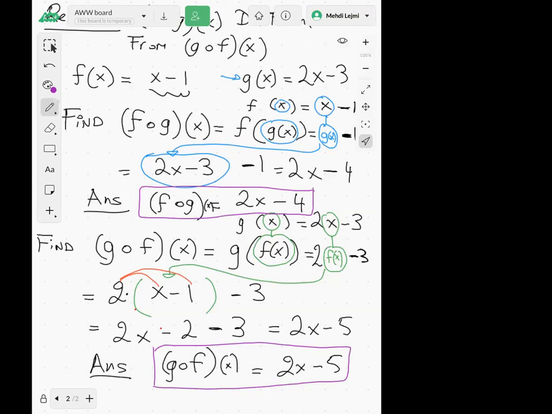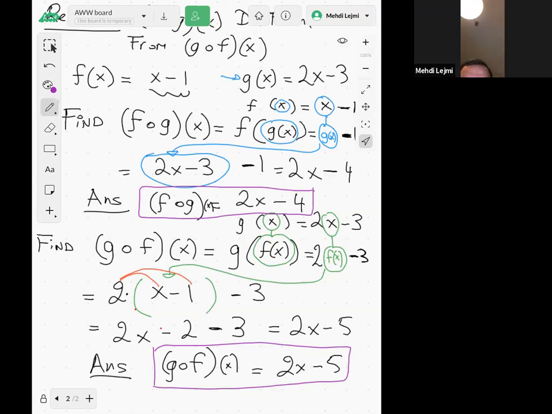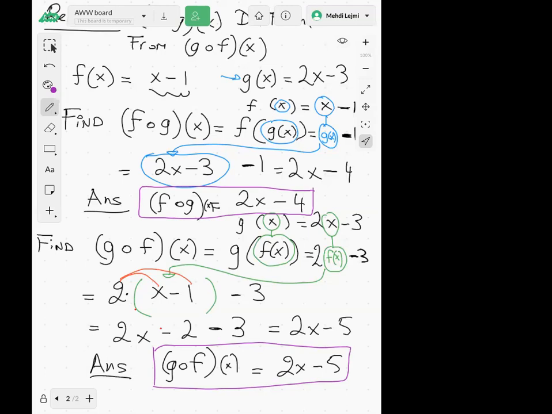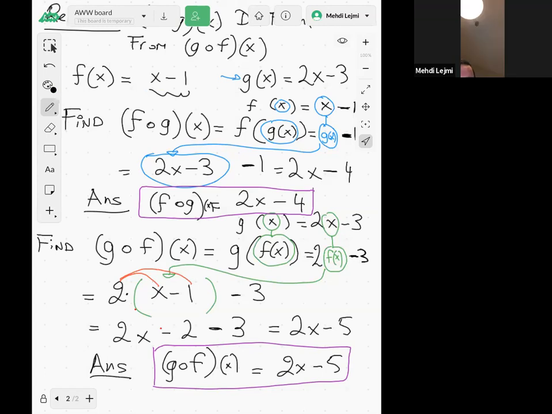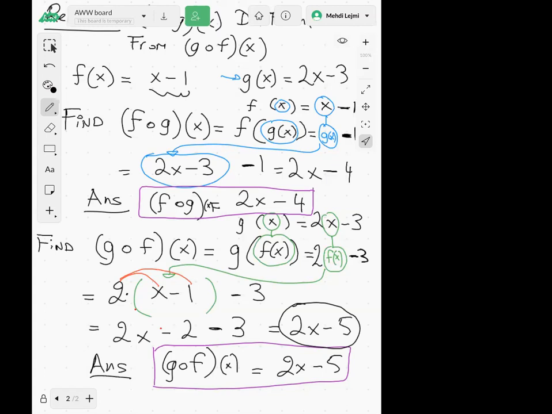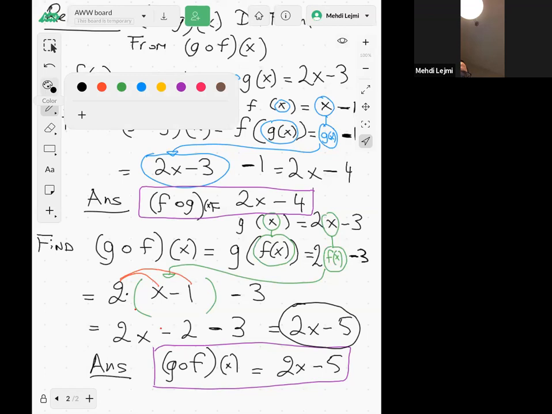Wait, what was that again? That kind of confused me. Please, where did that 2 come from? How did I get the answer, the 2x minus 5? We're still using the two functions here from the top.